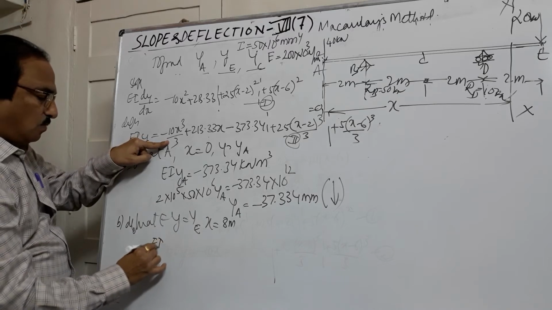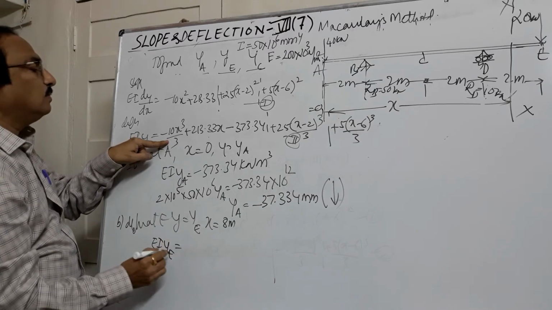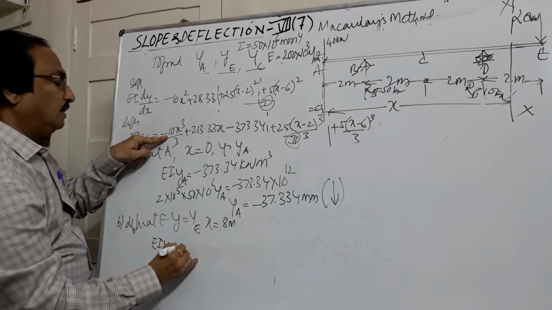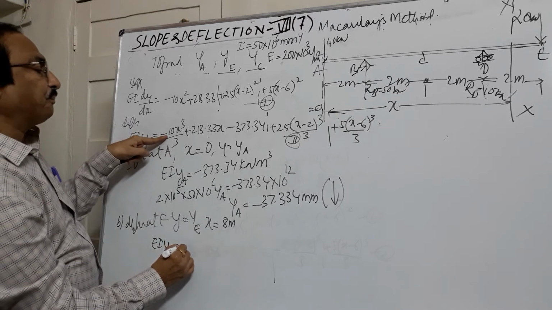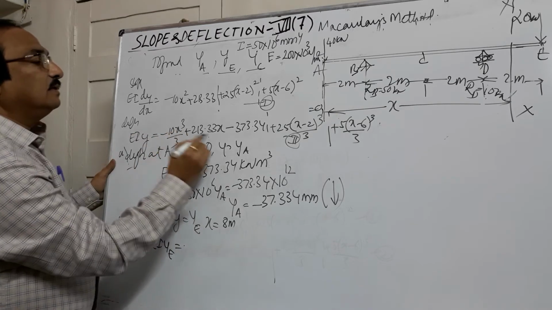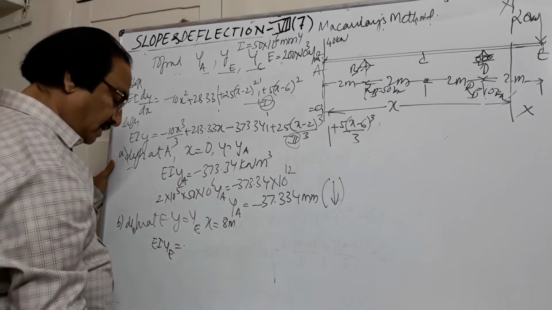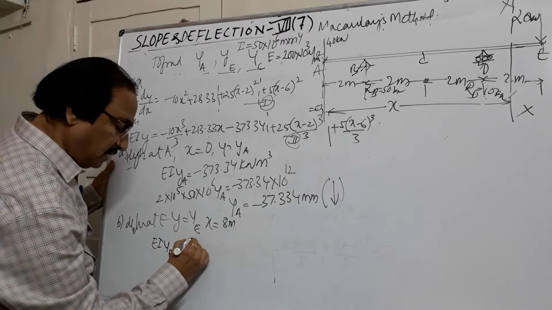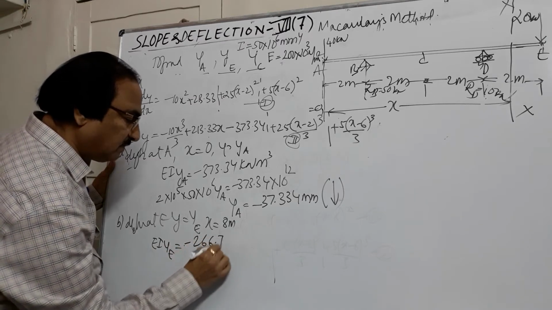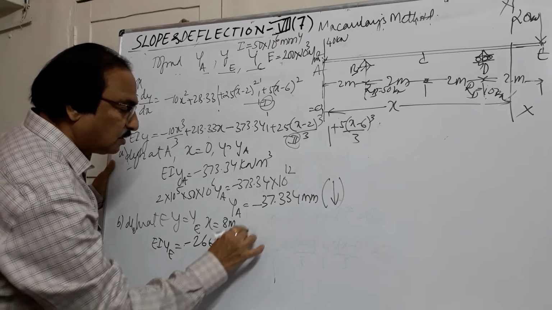EI yE is equal to minus 10, 8, 8. If you substitute the value, you get EI yE is equal to minus 266.7 kilonewton meter cube.